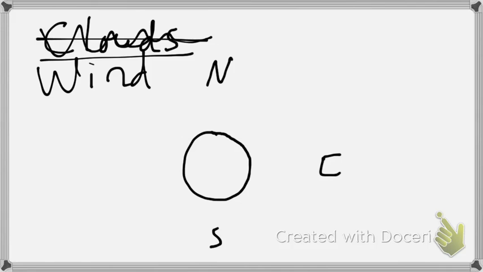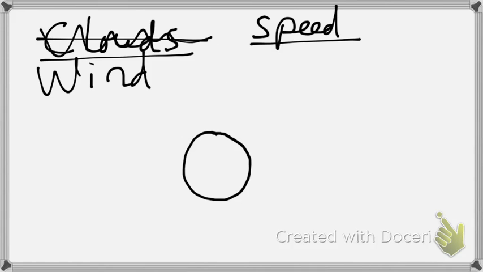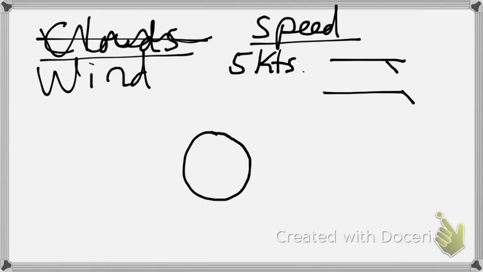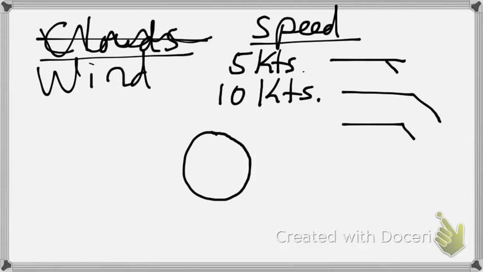Now, as far as wind speeds. For 5 knots, you have a wind bar, a small line not at the edge. 5 knots is not that. Why do you ask? Because 10 knots is that. If you draw this for 5, I will mark it wrong because that tells me that you mean 10 knots. For 15, it'll look like that. One long, one short.